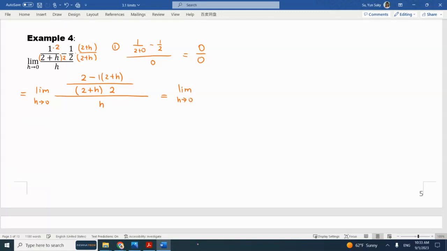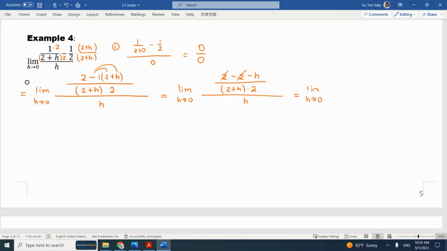Limit h goes to 0. Okay, let's distribute. So 2 minus 1 times 2 is minus 2. Minus 1 times h is minus h. Right, everybody? All right, this is limit h goes to 0. Do you see the 2 minus 2 cancel?